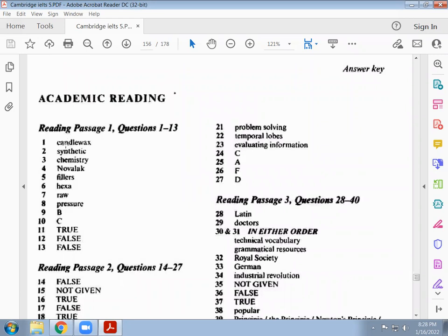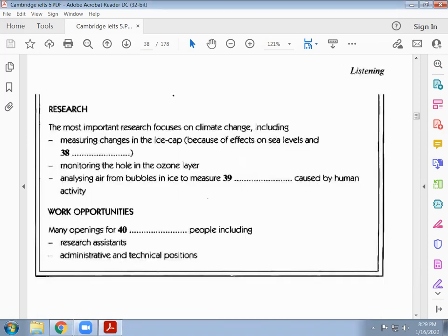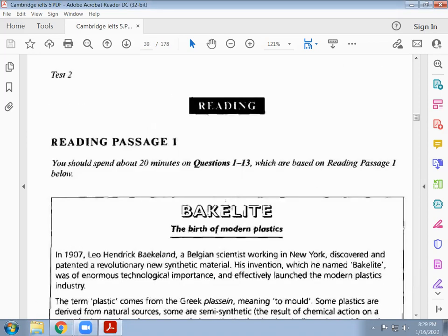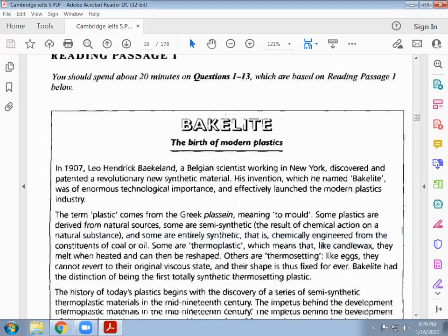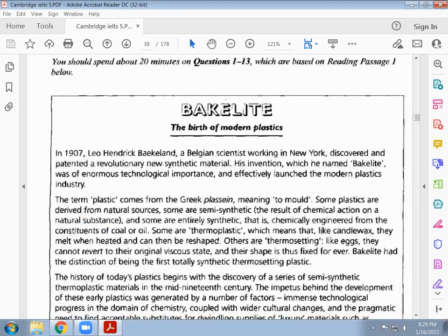So our answer number 1 is candle wax. Answer number 2 is synthetic. And answer number 3 is chemistry. So this is how we have done summary completion. Let me summarize the things together for you. I said, when you are sitting in the exam and you see a long passage, you just read the title and go to the questions.